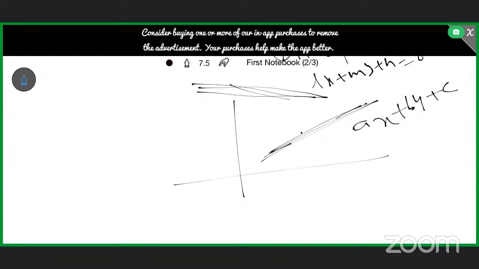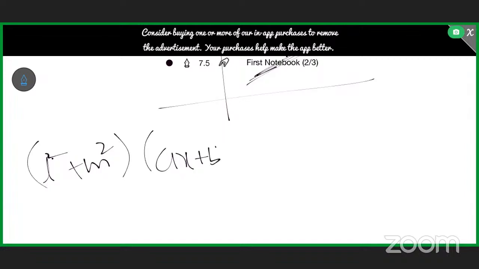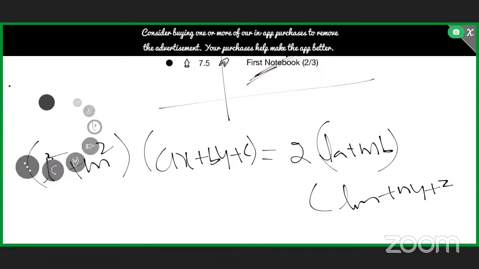It will be another equation, that is (l square plus m square) into (ax plus by plus c) is equal to 2 into (la plus mb) into (lx plus my plus n).